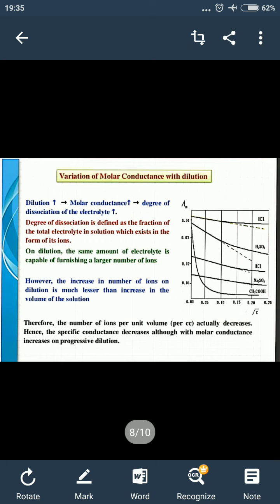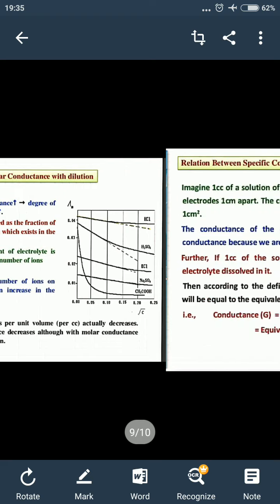On dilution, the same amount of electrolyte is capable of furnishing a larger number of ions. But what happened? The number of ions per cc decreases because the volume increases much. Hence, the specific conductance decreases, although the molar conductance or equivalent conductance increases with progressive dilution.